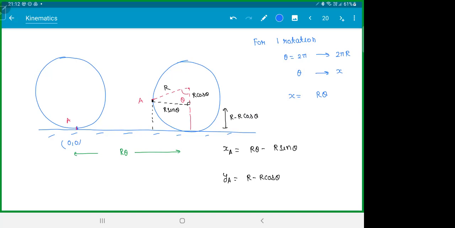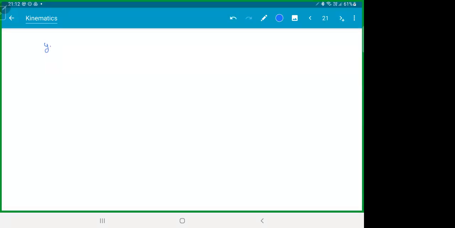Anuj? Sohani, got the coordinates? Aditya? Hridaya? So once I got these coordinates, y is r minus r cos theta, and x would be r theta minus r sin theta. Differentiate this. dy by d theta would be r sin theta. dx by d theta would be r into 1 minus cos theta.